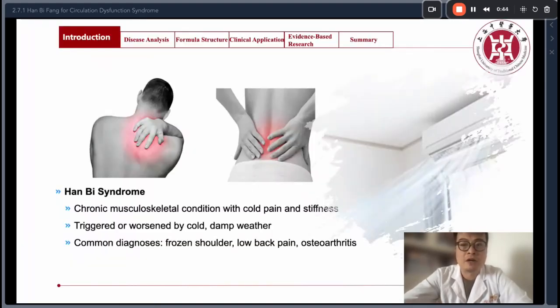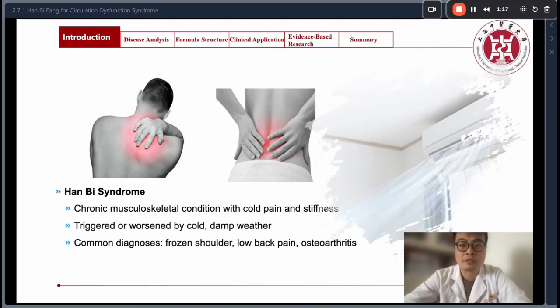Let's start by defining cold B. In TCM, cold B refers to a type of musculoskeletal pain that is caused or worsened by cold weather or cold environments. Patients usually present with fixed cold pain, heaviness in the limbs, stiffness and restricted movement, and symptoms that get worse in winter or damp climate.